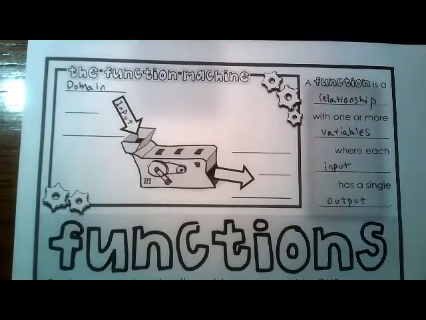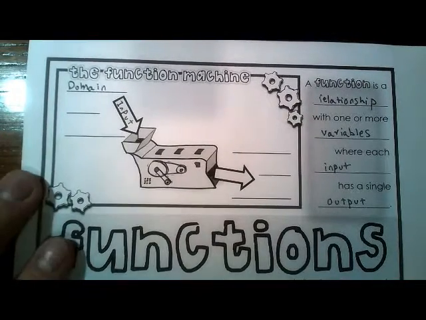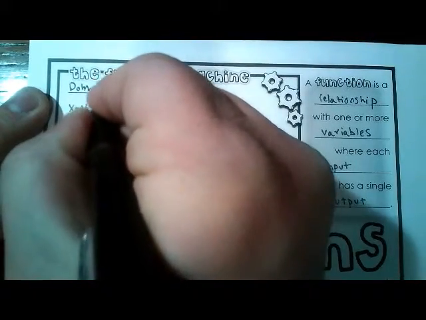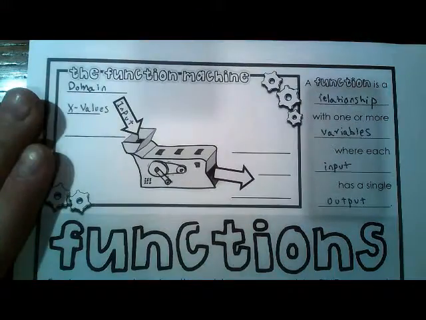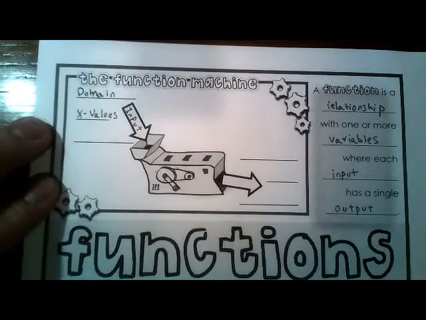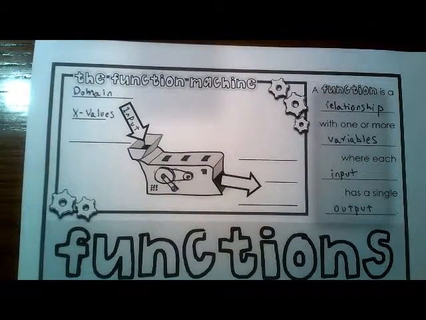The domain are those input values that we stick into this function machine. And those input values are always the x values. And if you have a word problem, sometimes they don't use x as a variable, so you can think of a domain as an independent variable.